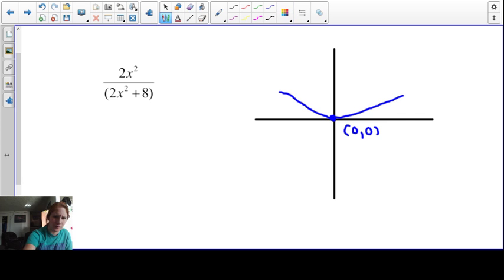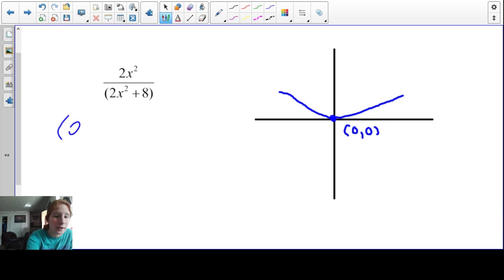And we should know that when I see a fraction, derivatives of fractions are going to be quotient rule. So quotient rule is low, or whatever's on the bottom.